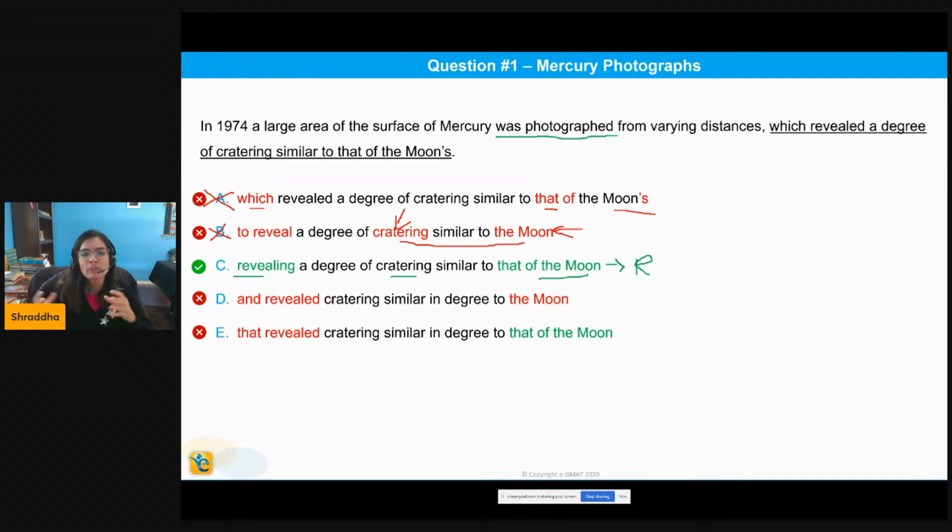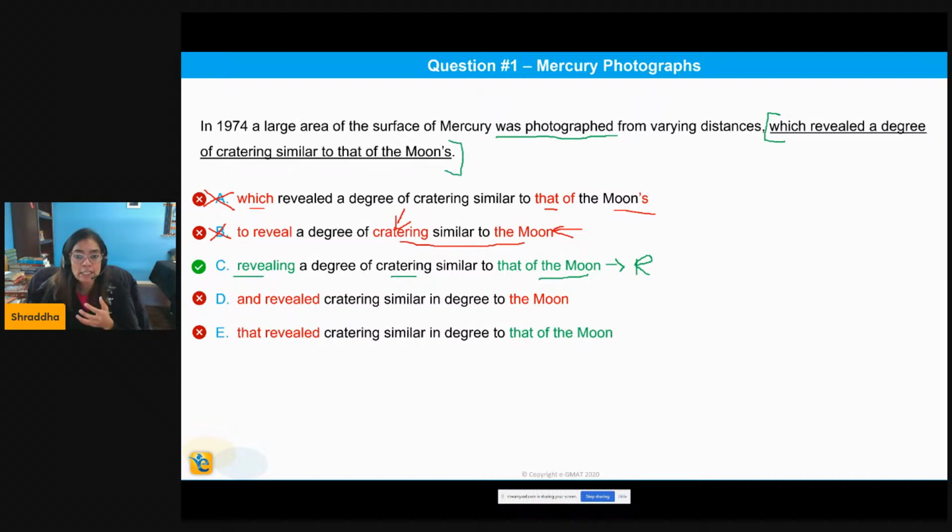Just ask yourself, if the photographs were not taken at all, could we see the degree of cratering on the surface of Mercury? No, that result would not have happened. This whole point would not have been revealed if Mercury was not photographed.